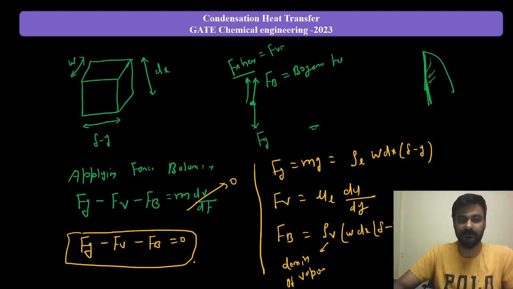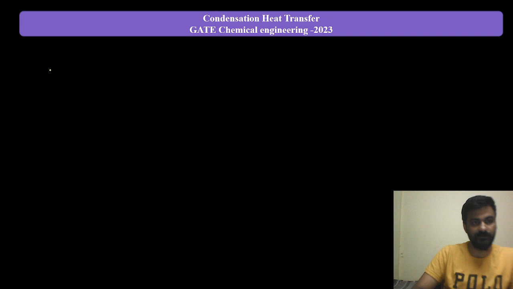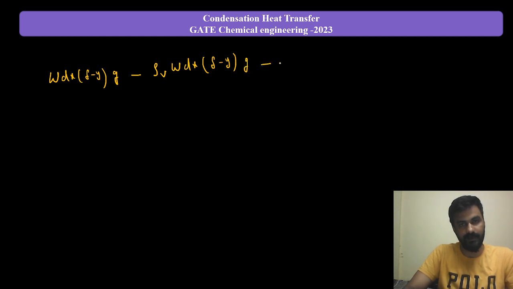Now we'll substitute these values over here and we'll get a relation. So Fg is equal to m into g, that is W dx (delta minus y) into g, minus rho v W dx (delta minus y) g, minus mu of liquid du by dy, that is equal to 0.